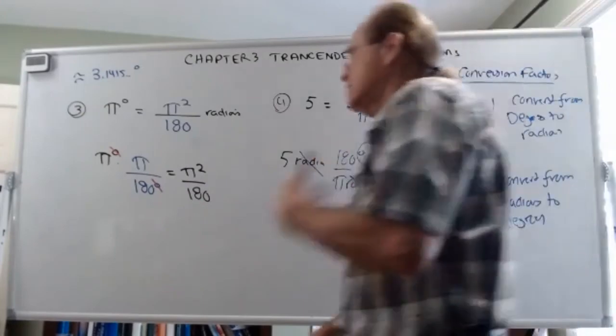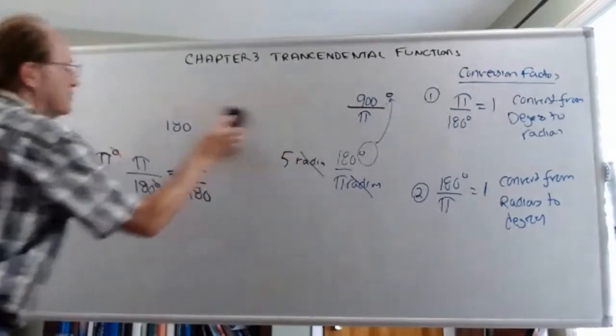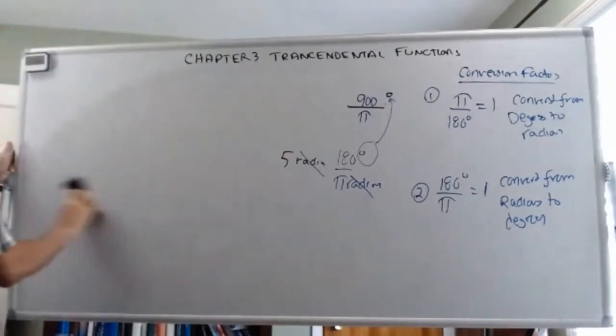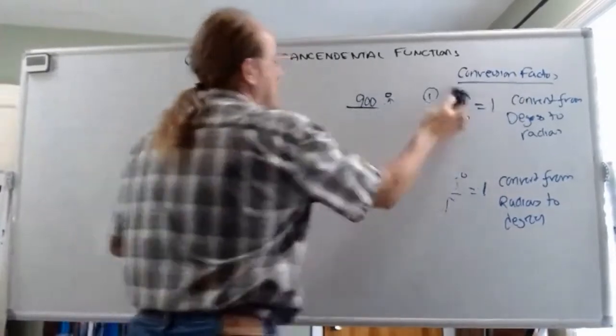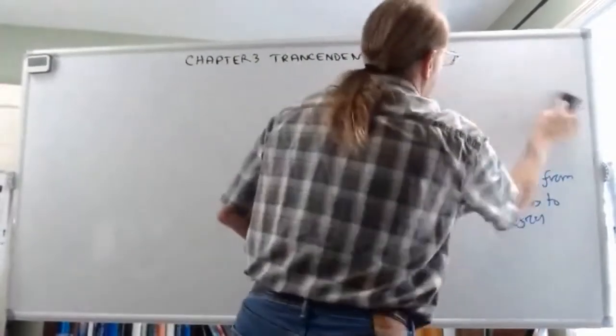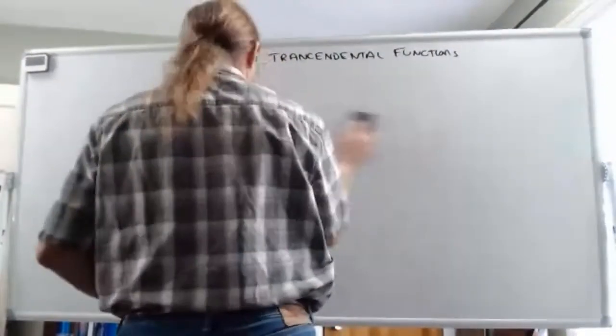The last thing I want to end with, there are no homework problems on this, but in the last few minutes I want to introduce another important construction that we will need and that will help us in deriving our trig functions.